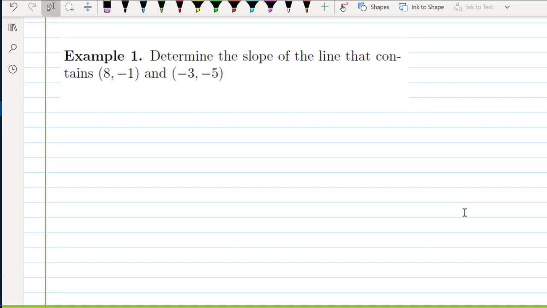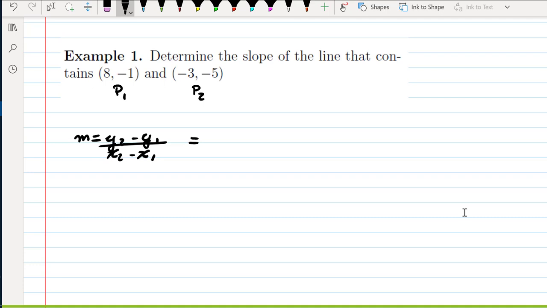This is going to be an application of our slope formula. We had that m was equal to y2 minus y1 all over x2 minus x1. This is very similar to what we were doing in 1.1. We're going to just put the corresponding x and y values into our formula.